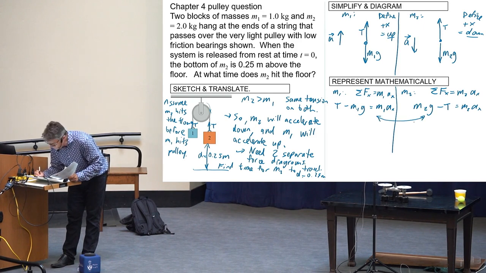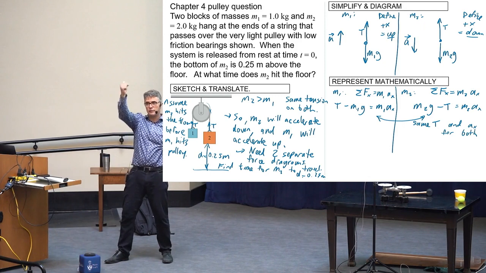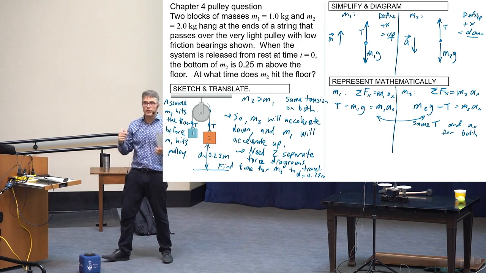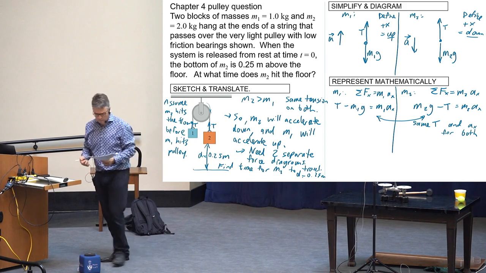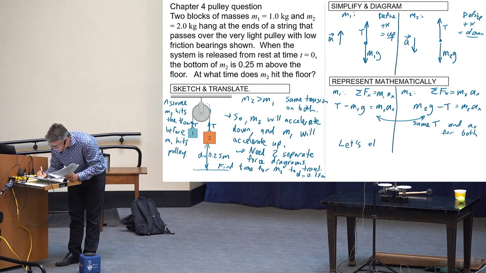This is the same tension and the same value of ax for both, because since they're attached, if one's moving up, the other's moving down the same amount in the same amount of time. So they have the same velocity and the same acceleration at any moment, except in opposite directions, because they're attached.